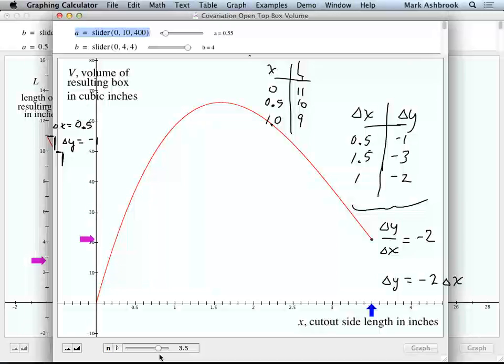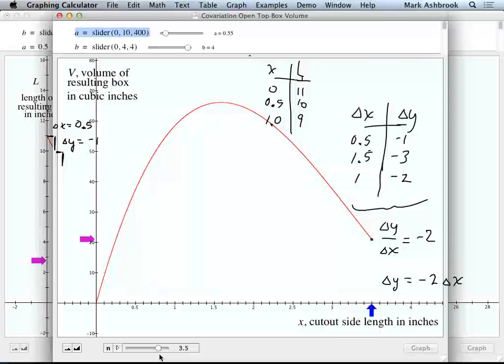Conclusion based on what? Last time we concluded that we have constant rate of change, that the length is changing by -2 of whatever the cutout length changes. That means at some length of the cut, we're going to have a peak maximum volume for the box. What about how these two are changing together? Quadratic.